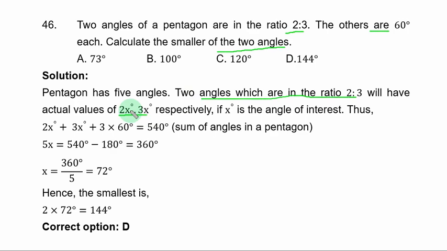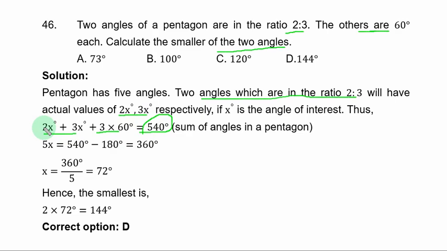Since you have 5 angles in a pentagon and you know 2 already, 3 are left, but the rest angles are 60 degrees each. That means 3 times 60 equals 180. 540 degrees is the sum of angles in a pentagon.